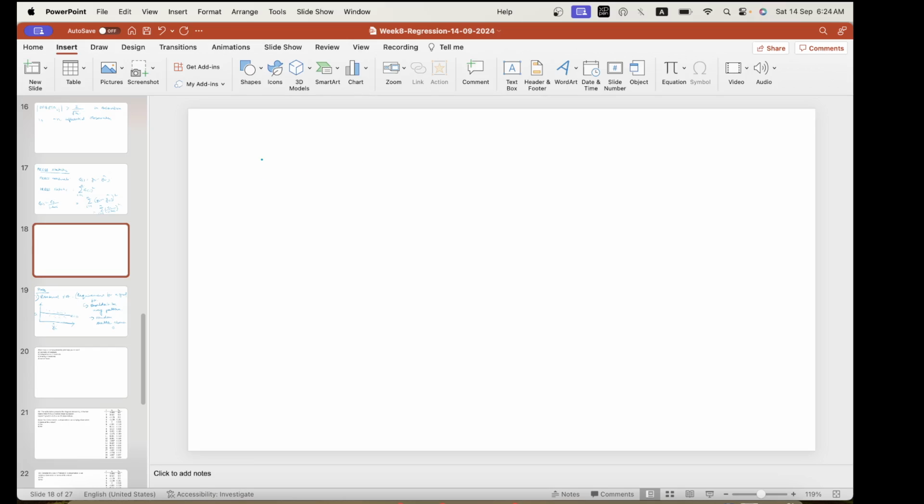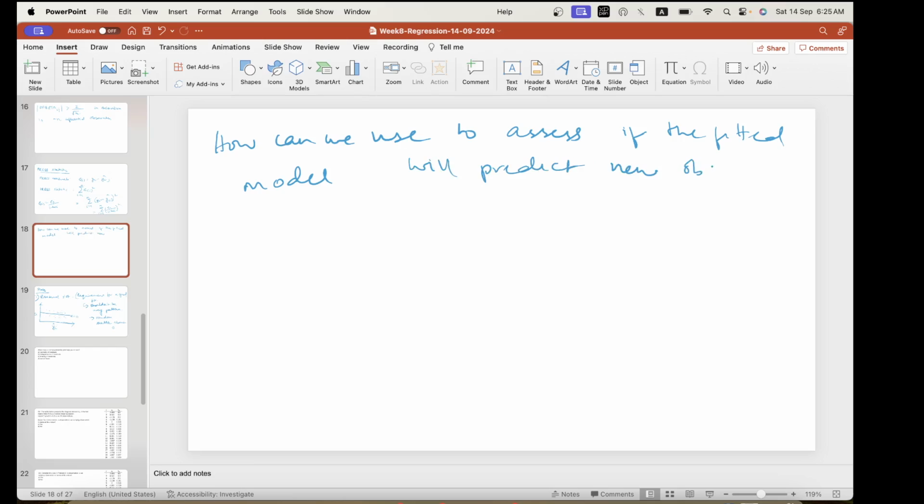Or how can we use it to assess if the fitted model will predict new observations well?